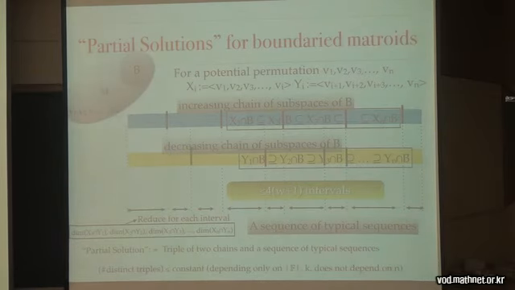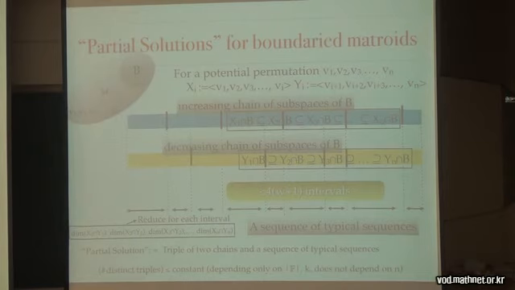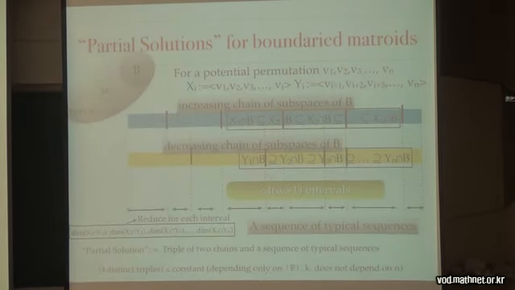So now I overlap these two chains. They will induce lots of intervals. But the number of such intervals is at most 4 times w plus some constant. And for each interval, I look at the dimension sequences.